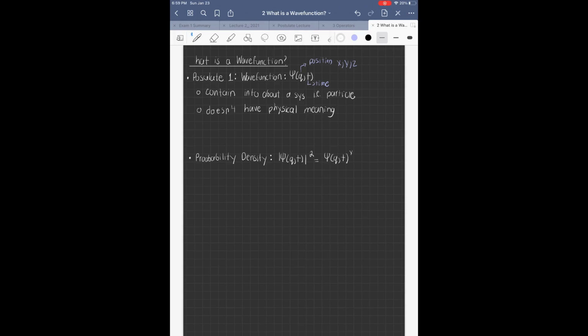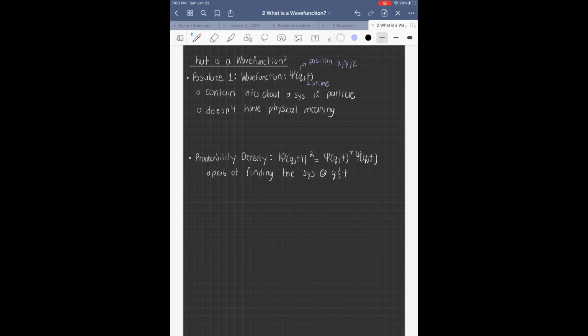This gives the probability density of finding the system at position and time t.